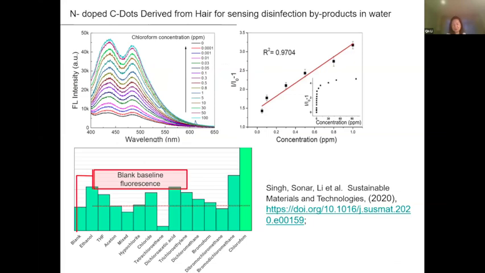So that fits with the drinking water standard, because in Australia it's 250 ppb for total trihalomethanes, and in the US it's 80 ppb for chloroform alone. And this response is quite selective, as you can see from these bars, and the response direction is actually to enhance the fluorescence. So what's happening here?